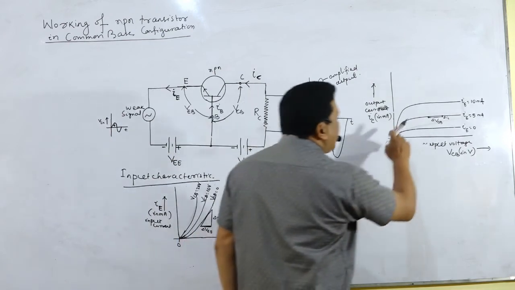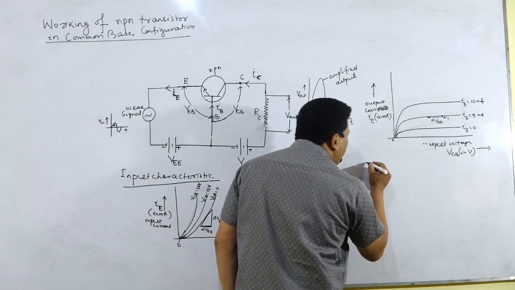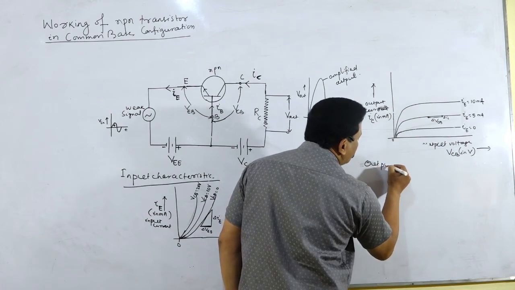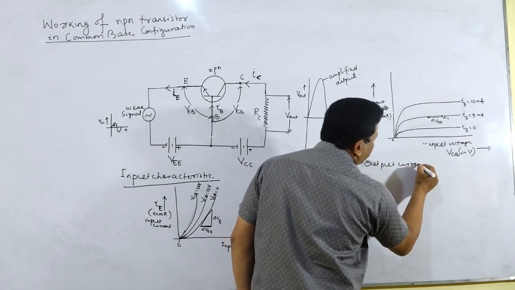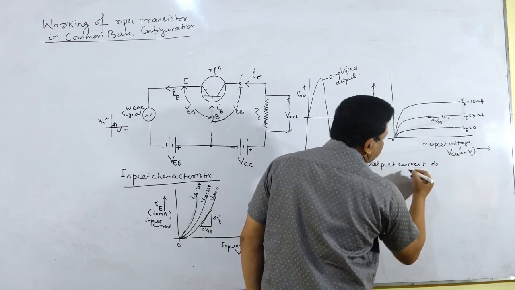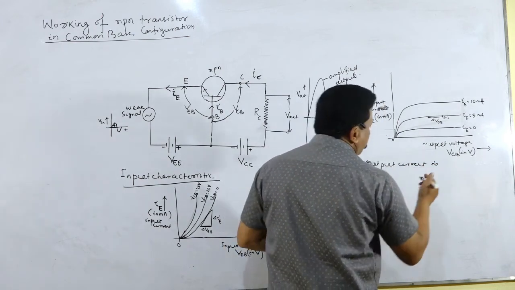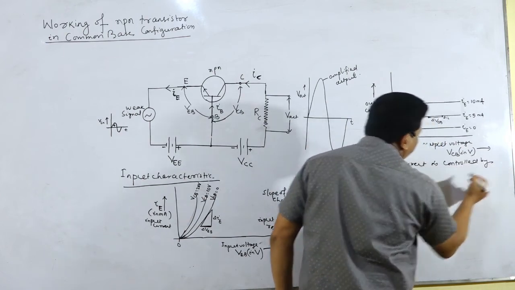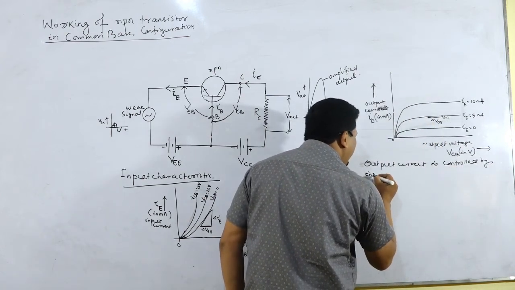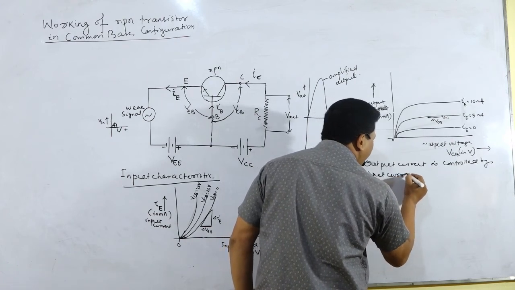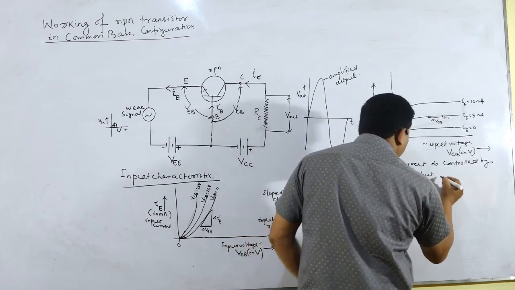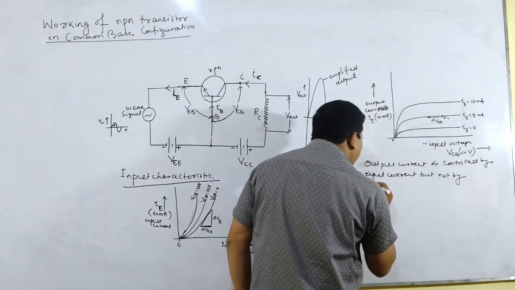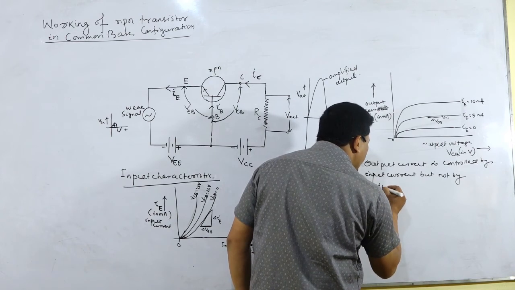Hence, we call the transistor a current control device. So the output characteristic shows that output current is controlled by input current but not by output voltage.